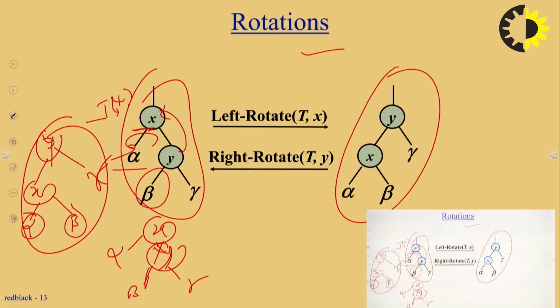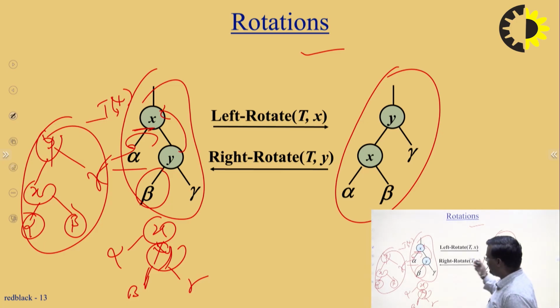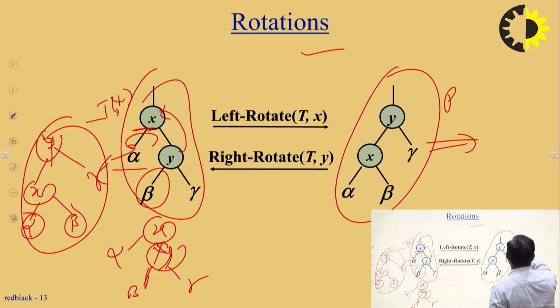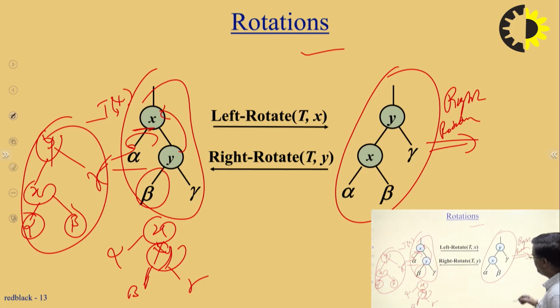Okay, now we consider the right rotation. What is the right rotation? We hold the T comma y, the tree and this y, hold the y and pull it in the direction of the right side.